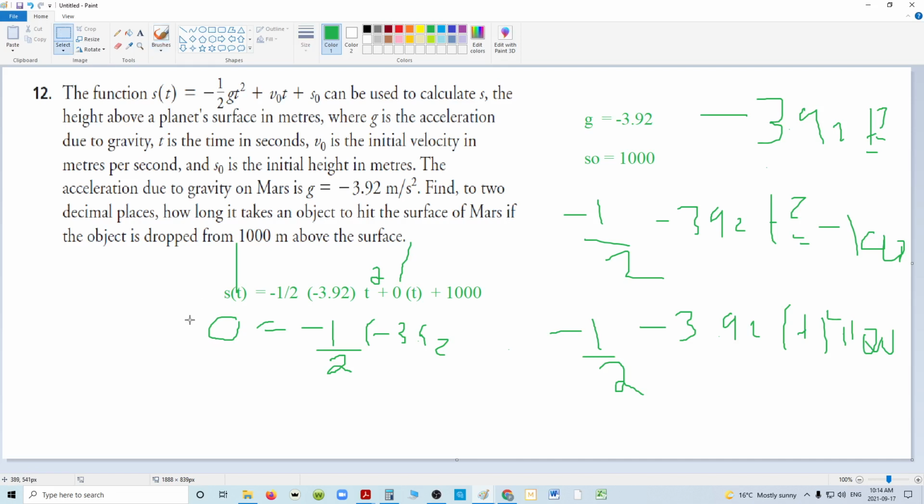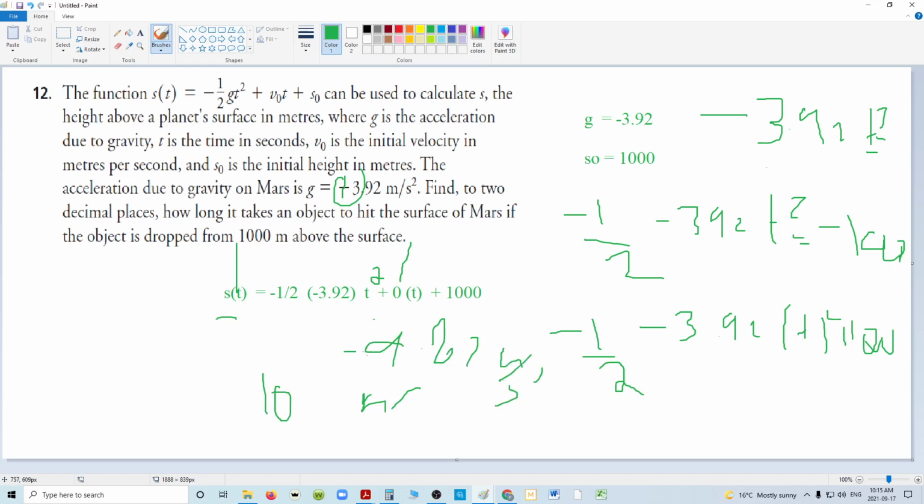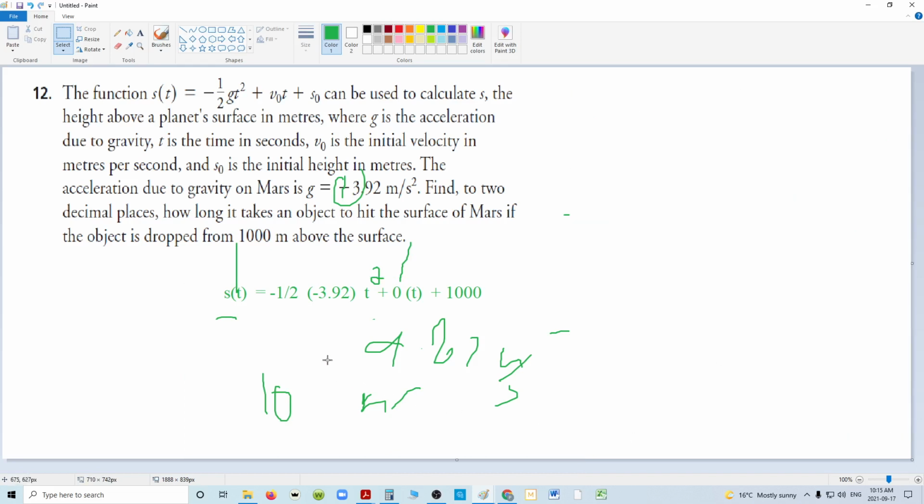I got a little problem here. I don't think they're supposed to express g-force as a negative. I think that's just supposed to be positive, because on Earth you just say 10 meters per second squared, or 9.82 is it? Meters per second squared. You don't say negative. I think that's a mistake, because that actually would imply that it's repelling the object.